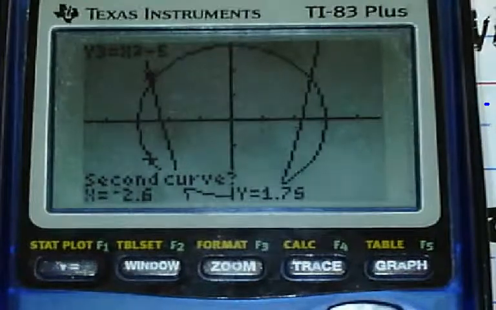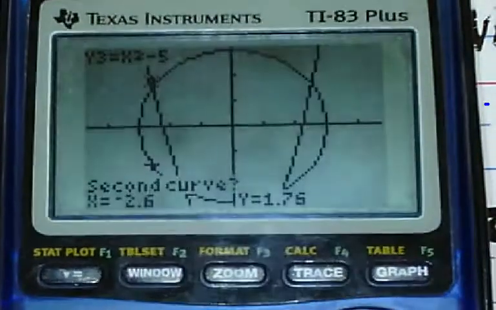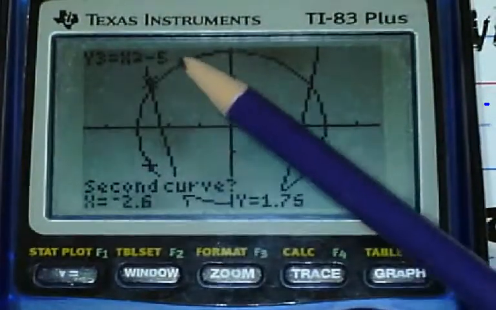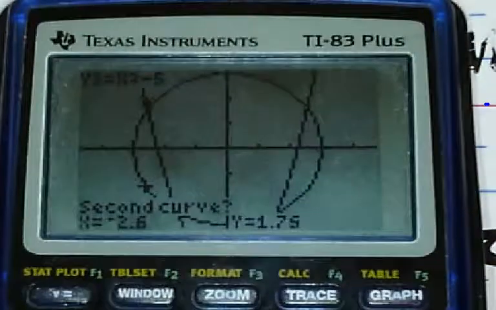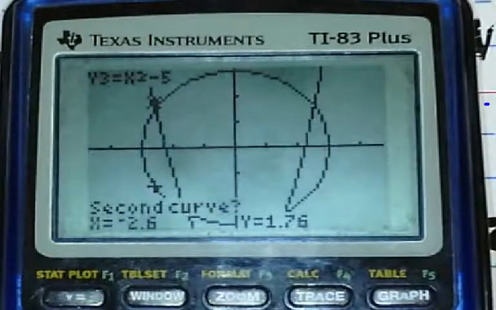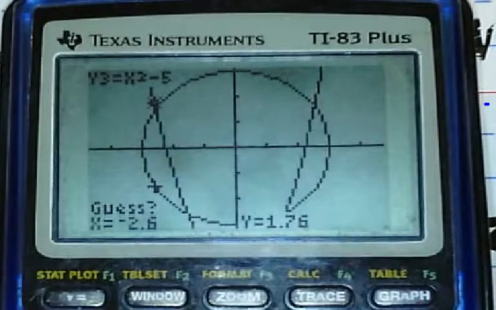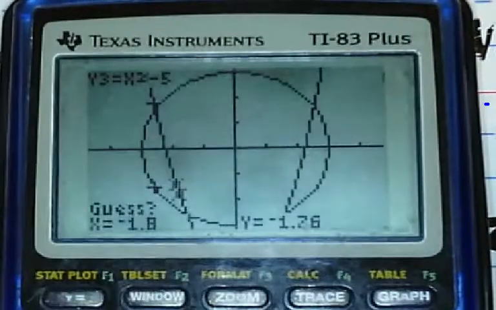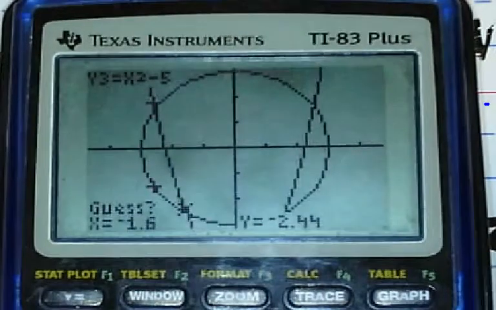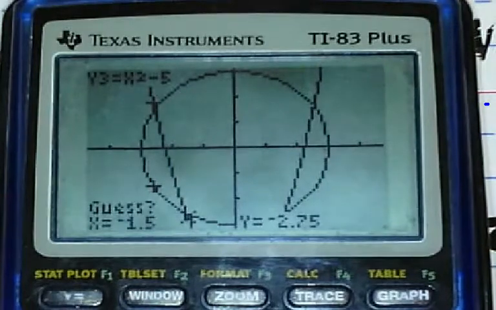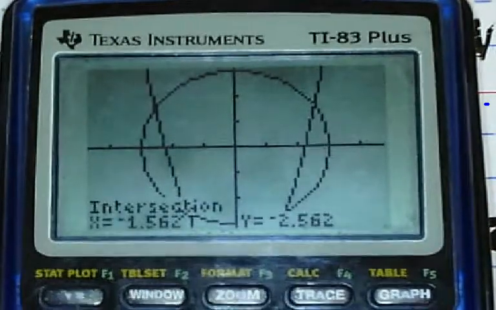And then it says, are you on the next curve? And yes, you want to be right on that one because that's the parabola. So you say yes. Now, where do you want to be? I want to be way down there where I can find my answer. Right? What's my answer?